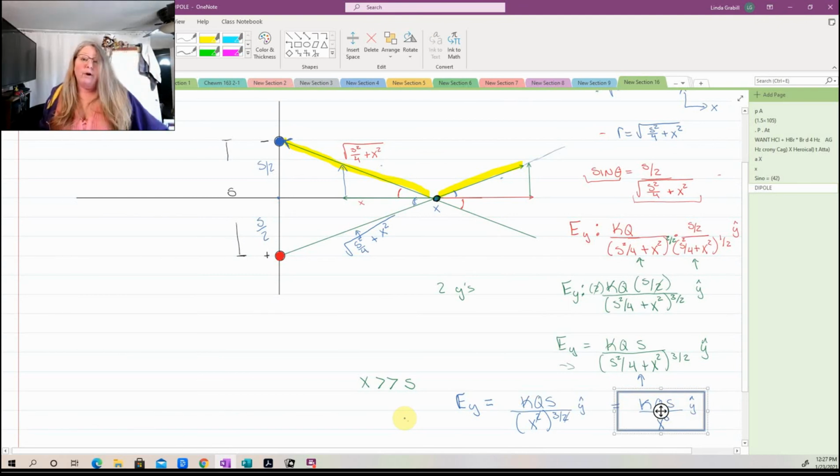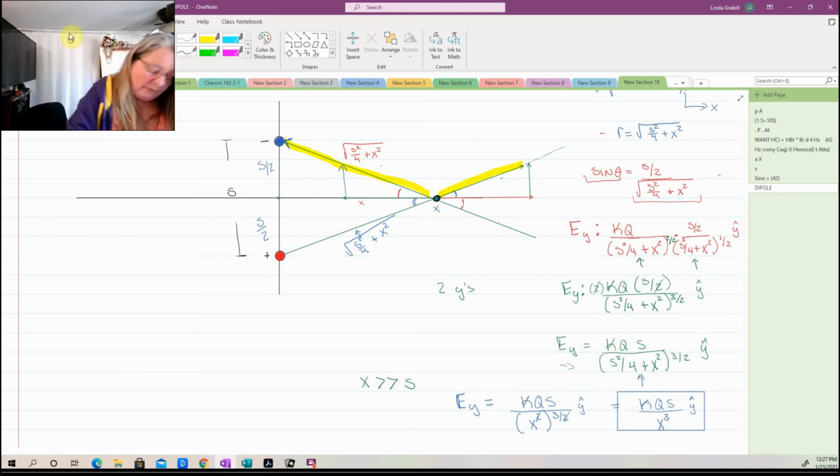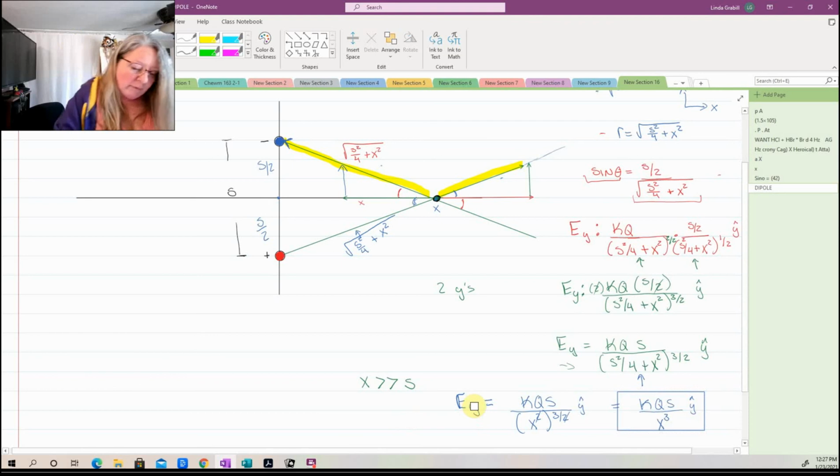So one of your homework questions has a charge interacting with a dipole. This is the electric field for the dipole. If I wanted to know the force, then let's rewrite this. Instead of E in the y, we'll call it E sub p for dipole. Why they choose p for dipole, I don't know.